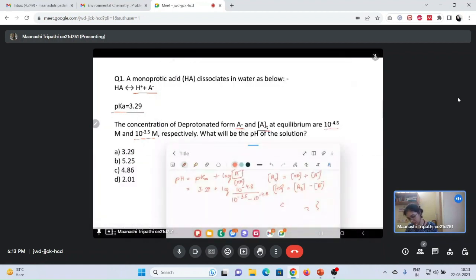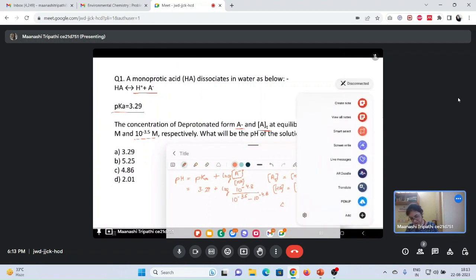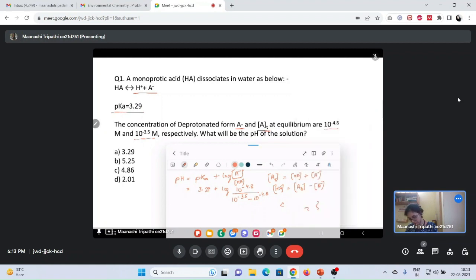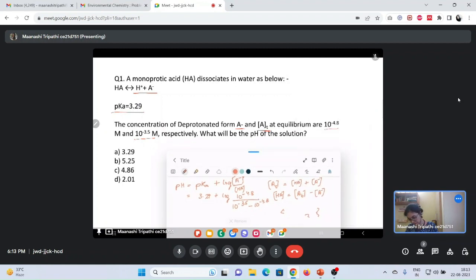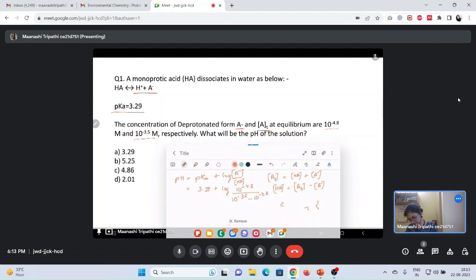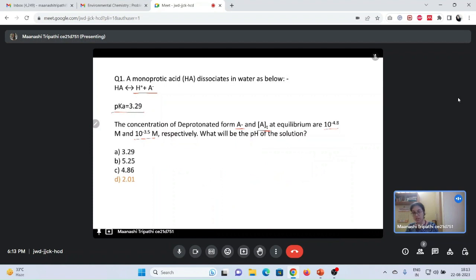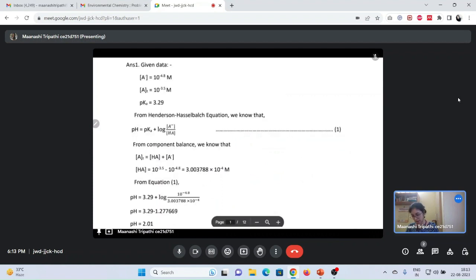We'll see the solution now. The solution is 2.01, and this is how we have got it. We have solved everything, and the solution for this part is minus 1.277669, and when we added it to the pKa, we got approximately 2.01.